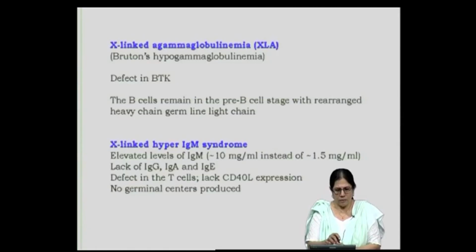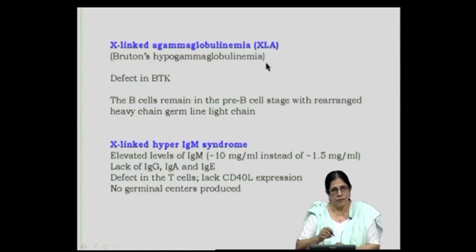Let us look now at other immunodeficiencies such as X-linked agammaglobulinemia. This is also known as Bruton's hypogammaglobulinemia, where there is a mutation in Bruton's tyrosine kinase.